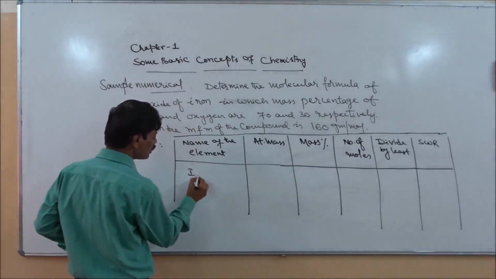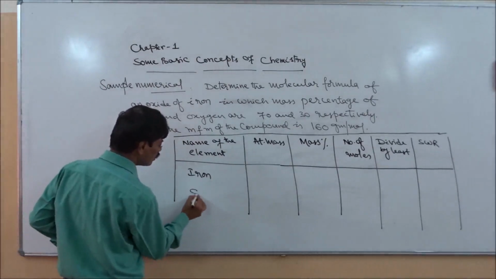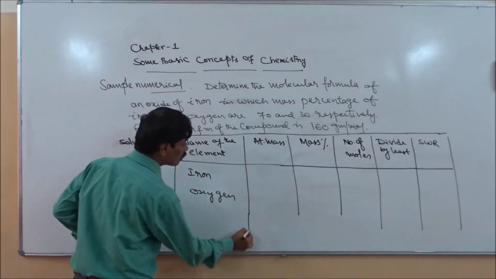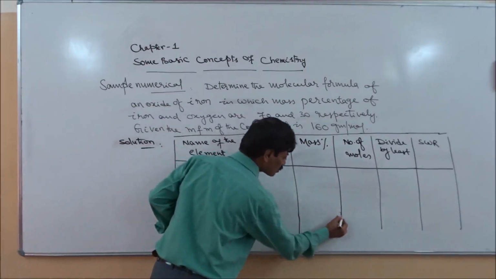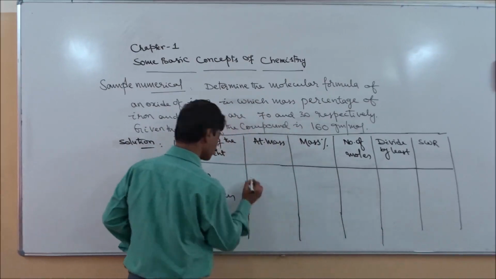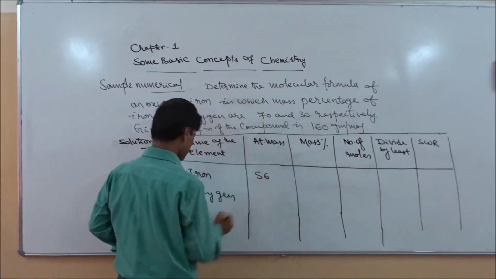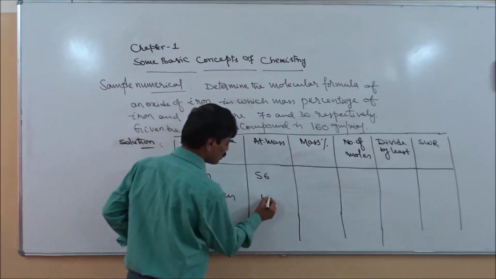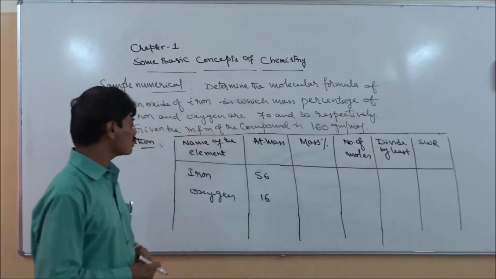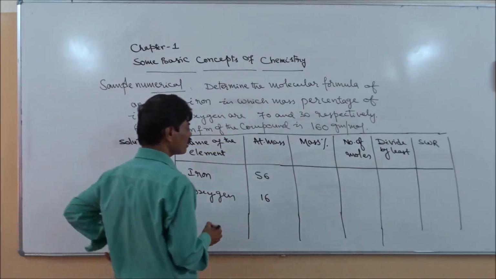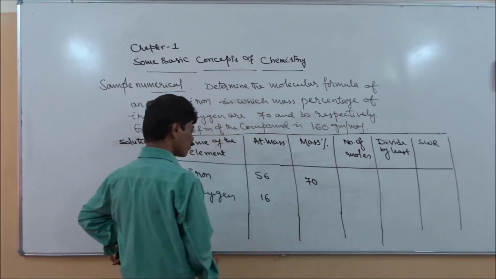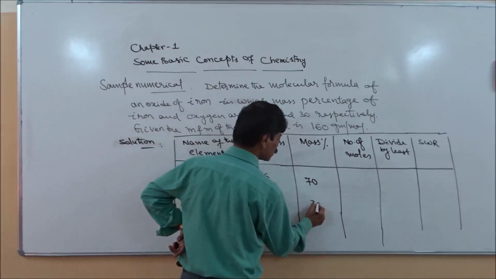First element iron, next oxygen, and the atomic mass of iron is 56 and that of oxygen is 16. And mass percentages are given. Mass percentage of iron is 70, that of oxygen is 30.